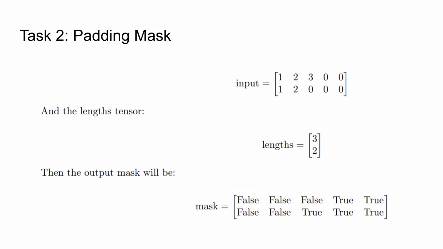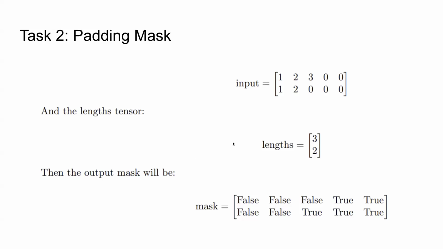That's not given in the input itself. If we attend to the pad tokens, we are diluting the attention scores, and the pad tokens don't really have any meaning, so it doesn't make sense to attend to them. So we need to make a mask which tells which part of the input is pad tokens and which part is not, so that the model knows which to attend to and which not to attend to.